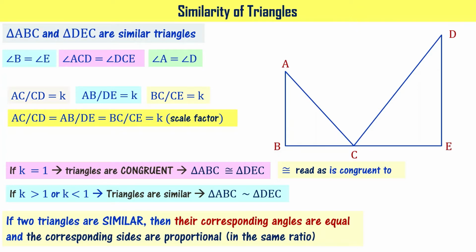Please note this point. So when K is greater than 1 or K is less than 1, the triangles are said to be similar, and the symbol which we have shown here is read as "is similar to." It means the mathematical expression you have written is read as triangle ABC is similar to triangle DEC. Please note this point.